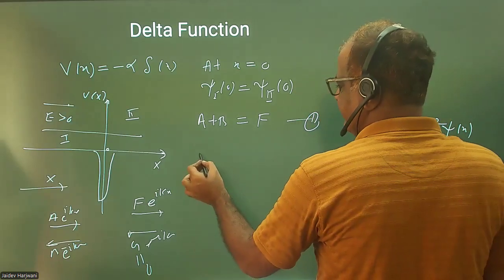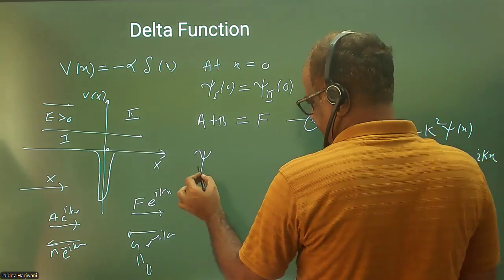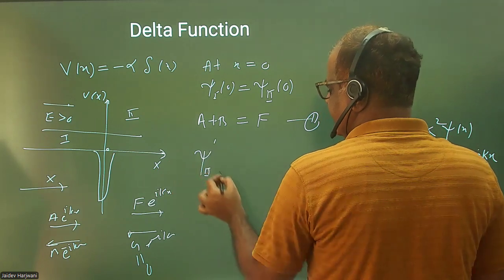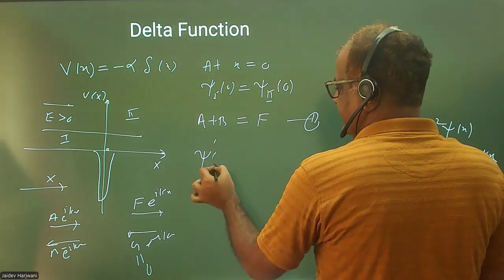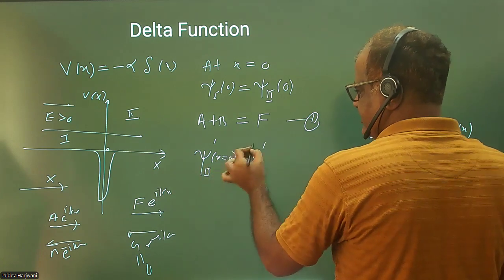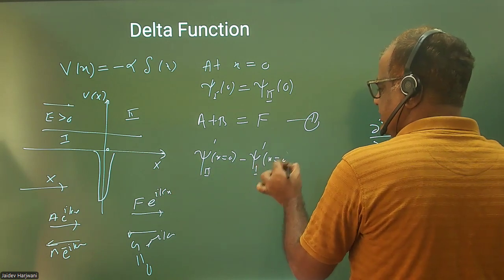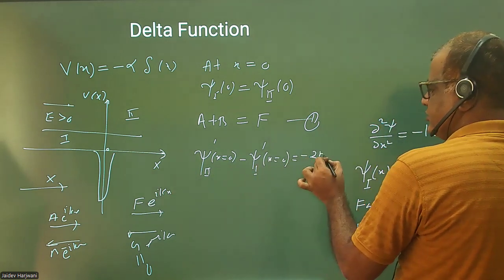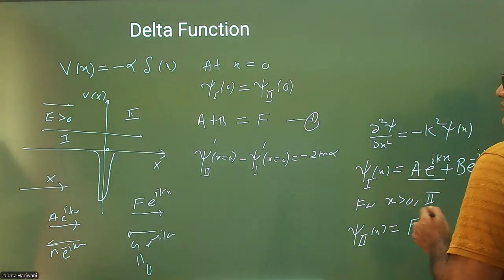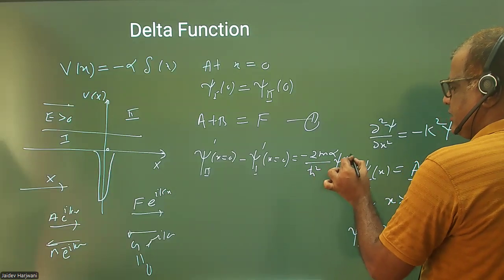And as we discussed in the last class, the discontinuity condition is psi dash at x equal to 0 minus psi 1 dash at x equal to 0 is equal to minus 2 alpha m upon h cut square psi 0.